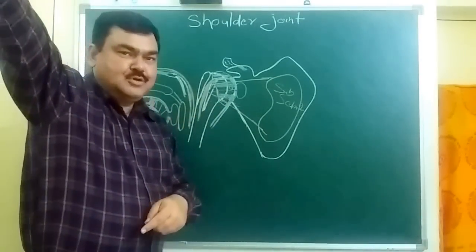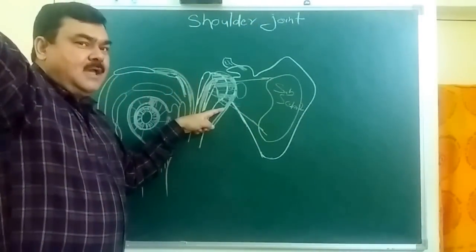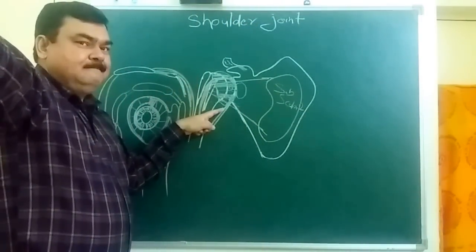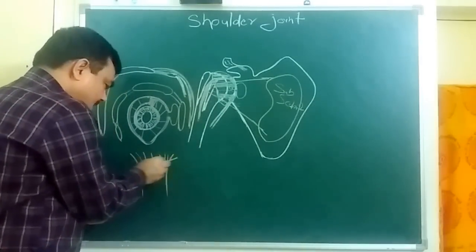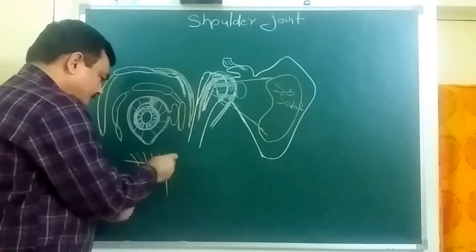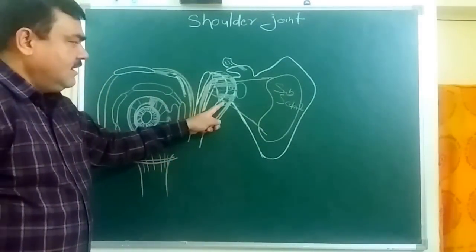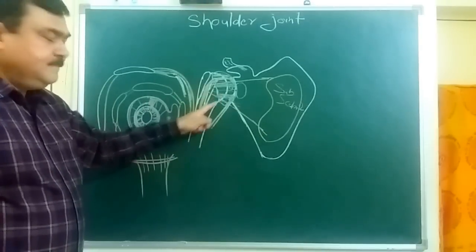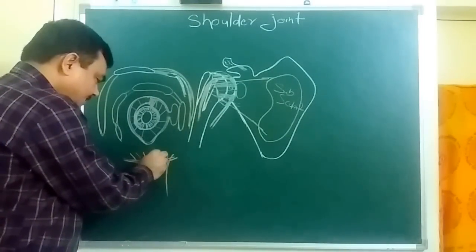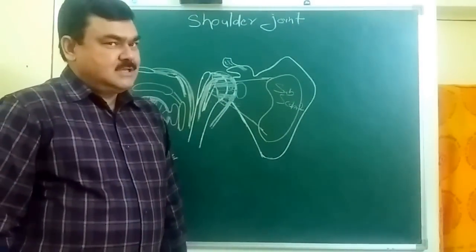In full abduction position, it reaches the inferior side and supports from the inferior aspect. And in relation to this, here are the axillary nerve and posterior circumflex humeral artery. In case of dislocation, the initial dislocation is infraglenoid, so these two structures may be damaged during dislocation.